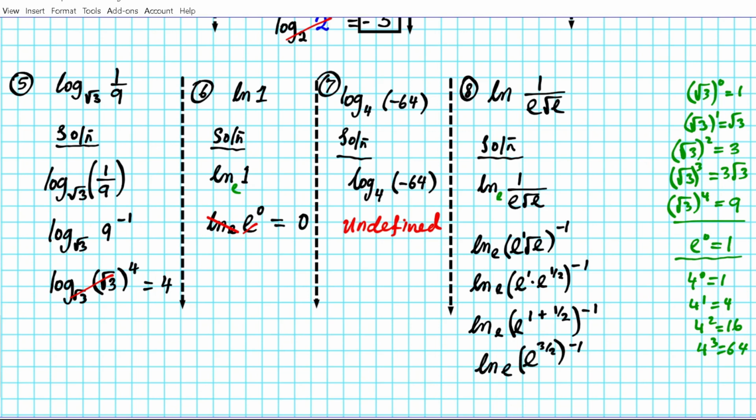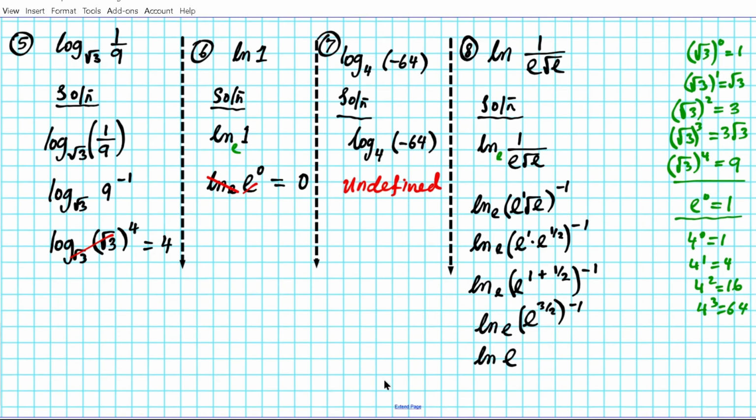And they have a negative 1 out there. Now what we're going to do is just distribute this power to this 3 over 2. So we're going to have the natural logarithm of e. Natural logarithm is log base e. The reason why I'm keeping that little e there is so you can see the cancellation happening. Normally you don't put it there.